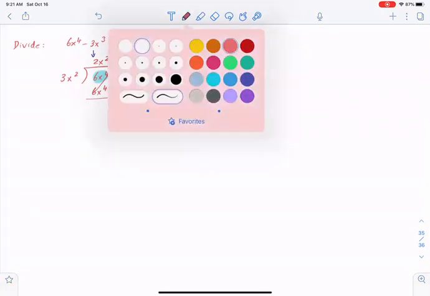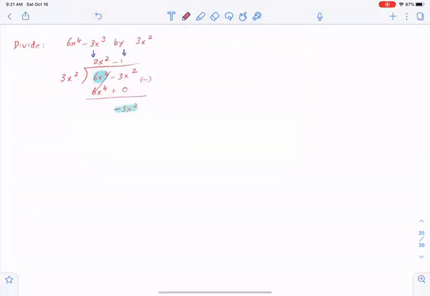So that would be -x. So 3x squared times -x is -3x cubed. We always subtract. When we subtract, those two will go away. I'll end up having 0. Notice the remainder is 0.